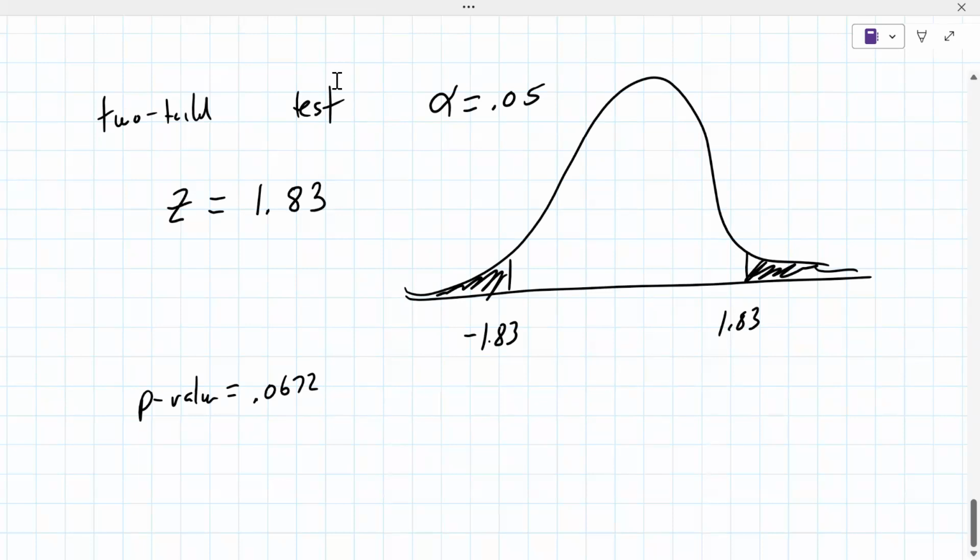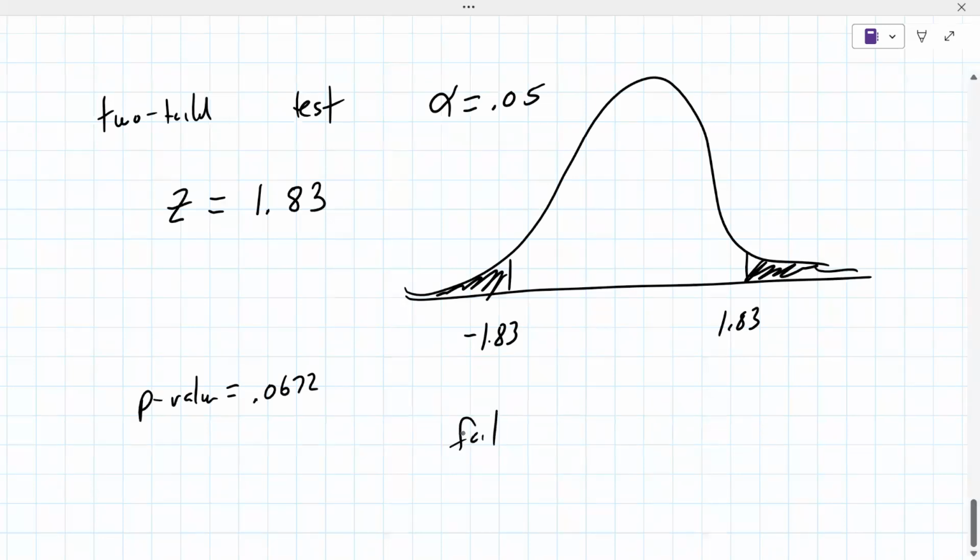The p-value is greater, so fail to reject.